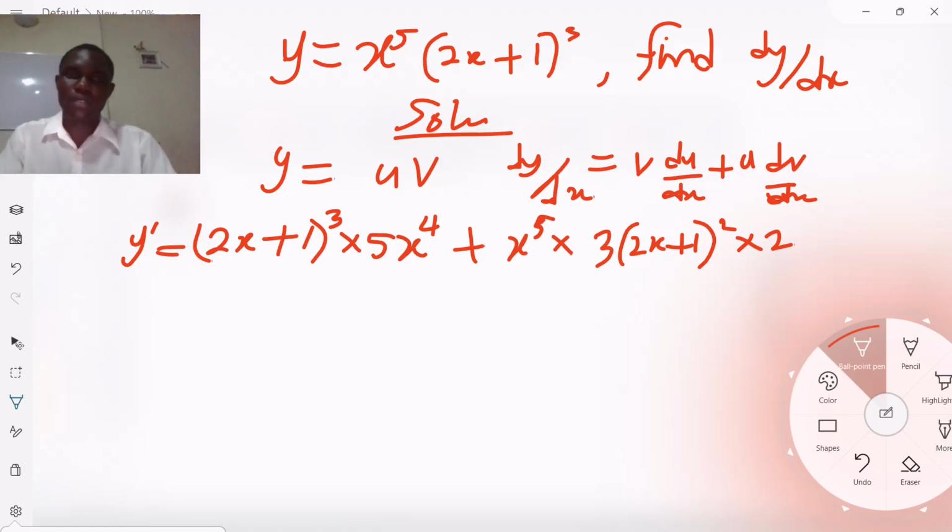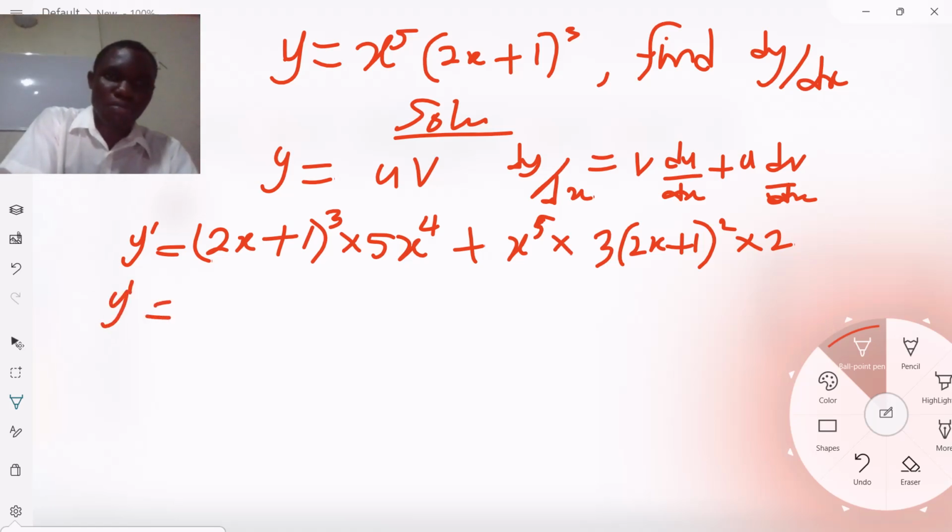Now if you look at these two items, or what I call these two segments, how do you notice? You know that something is common. Okay, even before I get to that, let me simplify further. This I will have 5x^4 into (2x plus 1) to power 3.